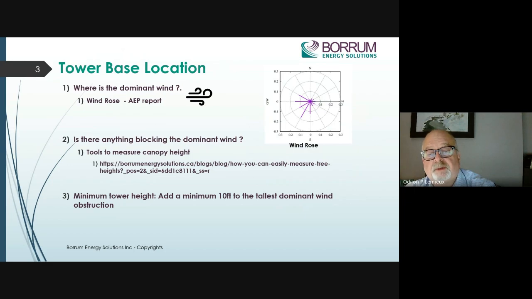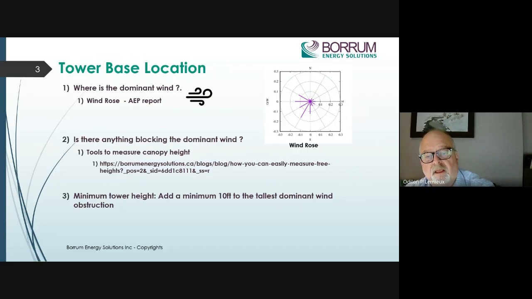Most people, including myself, find it not easy to measure the canopy height because we have no way to relate to it. So we have an infographic. I put it here, and it provides a list of 3 smartphone applications that you can use to measure the canopy height. And in fact, it's pretty close. It's within 12 inches or something like that. So for us, it's just fine.